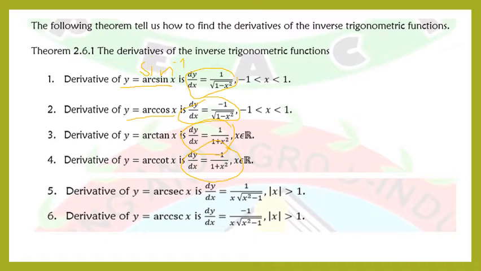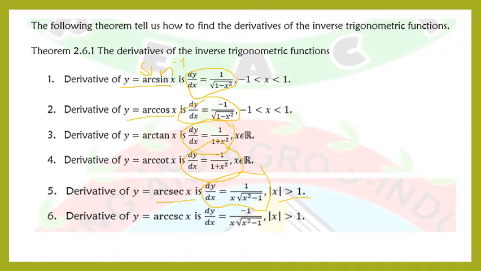Same also with the derivative of the arc secant x. The derivative, class, is dy over dx equals 1 over x times the square root of x squared minus 1, where the absolute value of x is greater than 1. And then the last inverse trigonometric function is arc cosecant.